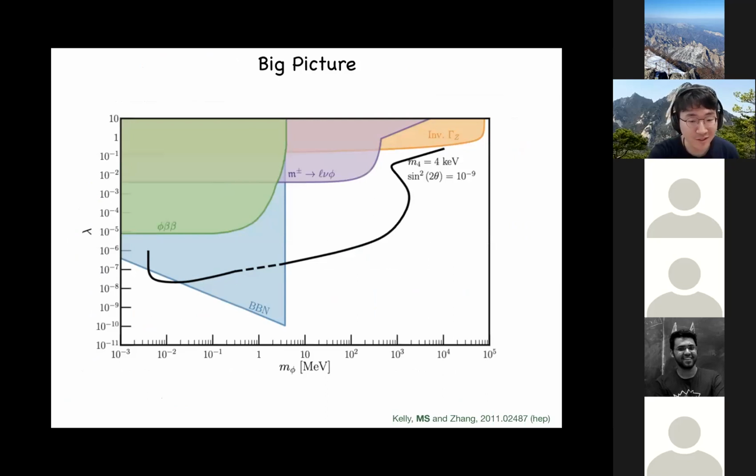Could you explain a little bit more about this density region? Oh yeah, so you said this part is very difficult. Essentially, anything above this region is something that I explained just before. You have a heavy mediator and nothing thermalizes before BBN, so you calculate your relic density as it is.